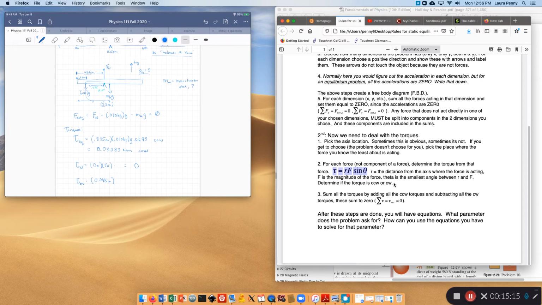The amount of this force is the mass of the meter stick times g. This is also a 90-degree angle, but this is a clockwise torque. On its own, this force would cause the meter stick to move clockwise.